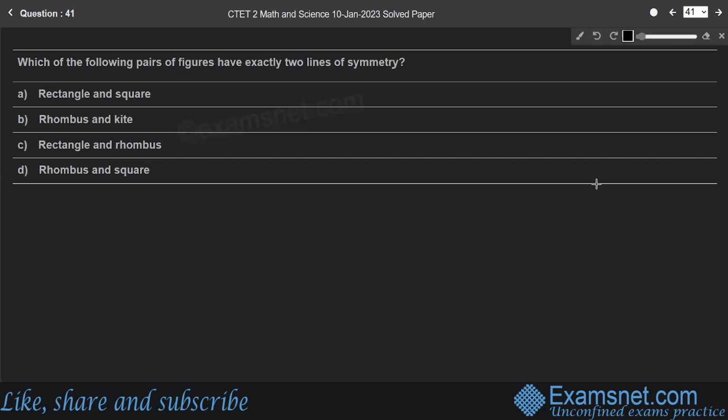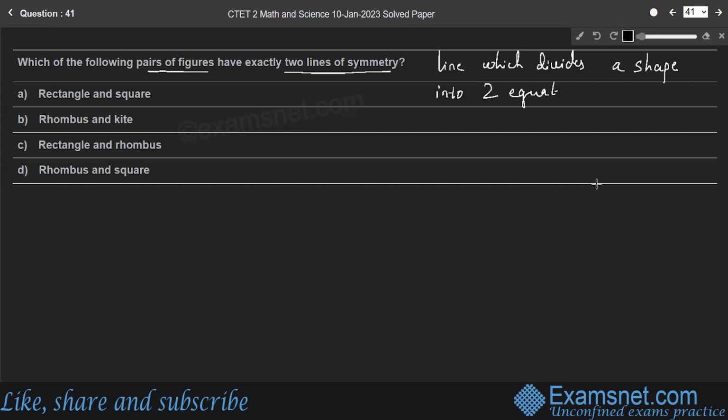Question 41. Which of the following pairs of figures have exactly 2 lines of symmetry? So here, line of symmetry means a line that divides the shape or an object into 2 equal and symmetrical parts, right? So the line which divides a shape or an object into 2 equal, not exactly 2, right?